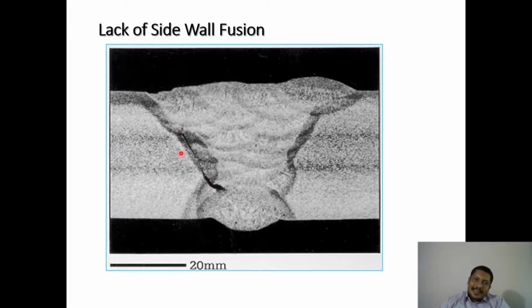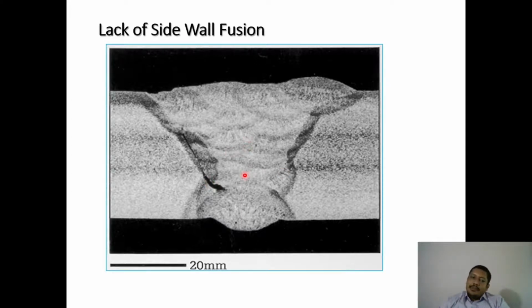So this is basically the lack of sidewall fusion. Now between these layers also sometimes the defect may occur. The fusion may not happen between the layers, so lack of fusion can happen between the sidewalls and between each layer as well.